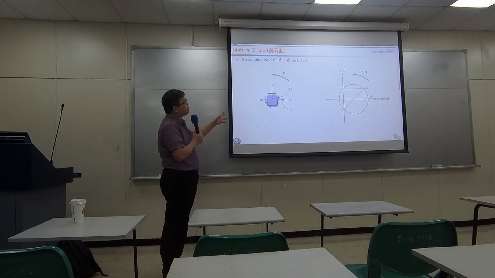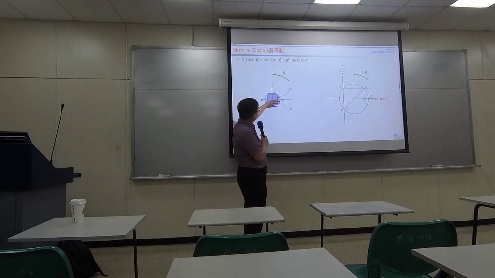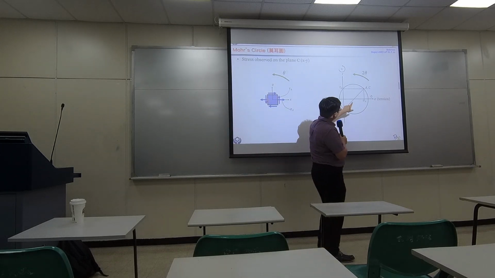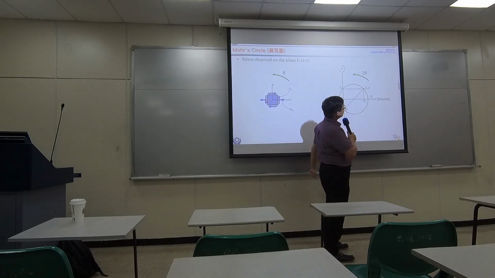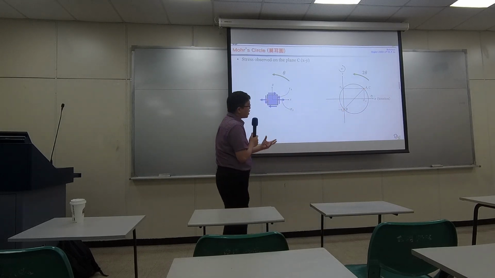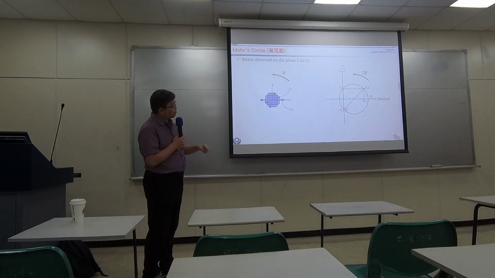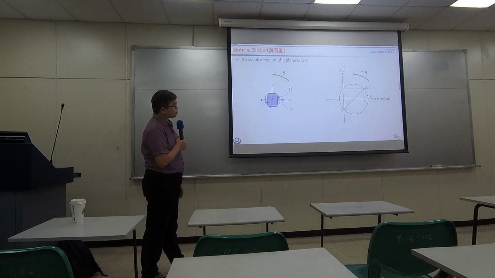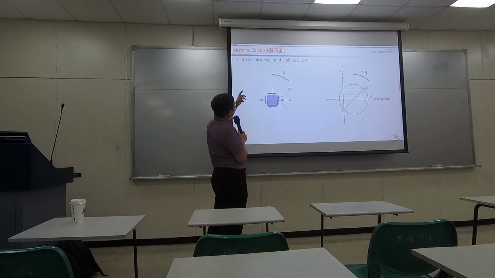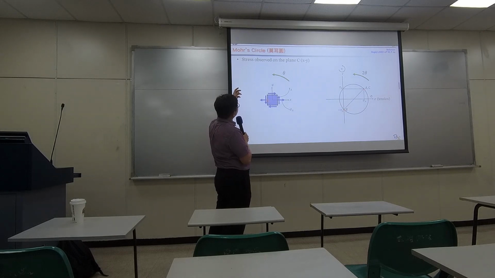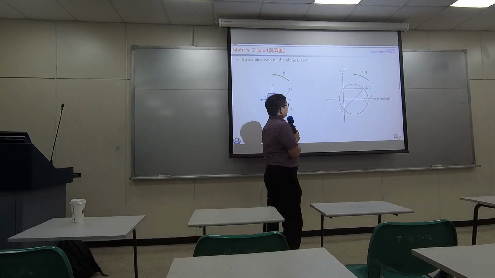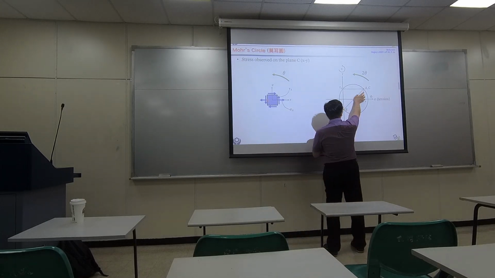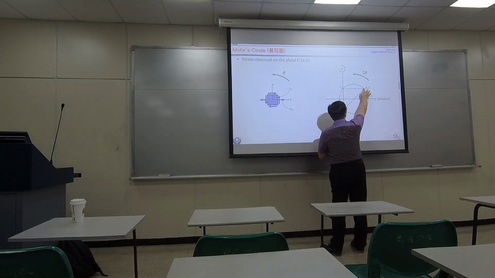So please remember, whatever angle you move inside the free body diagram, you are going to move double the angle in the Mohr circle coordinate. The reason why we call it the Mohr circle is that we realize it's actually a circle.